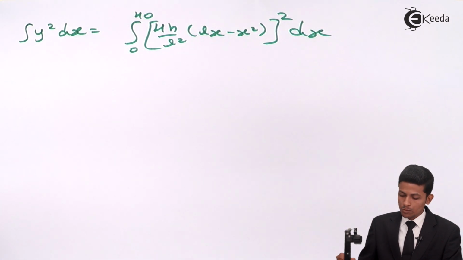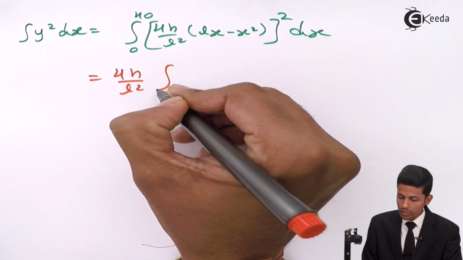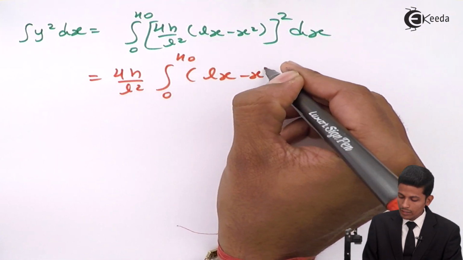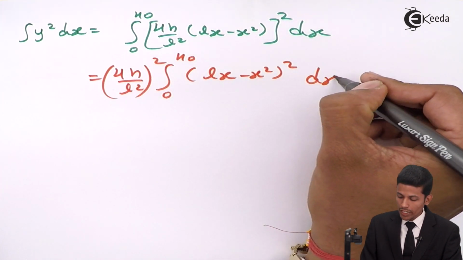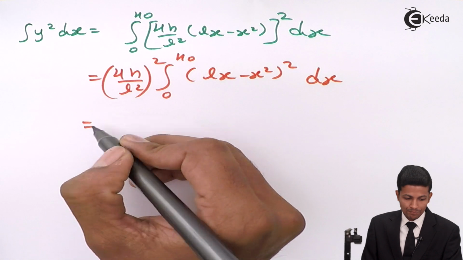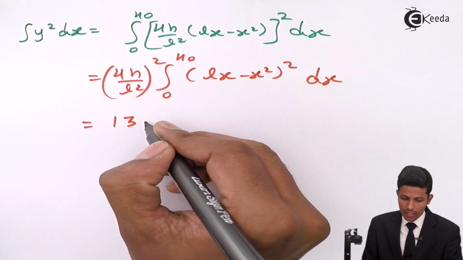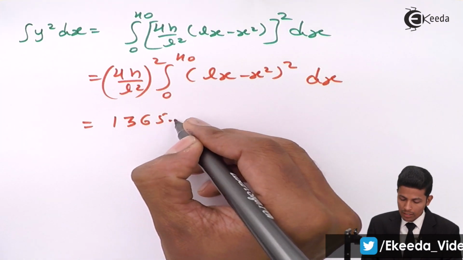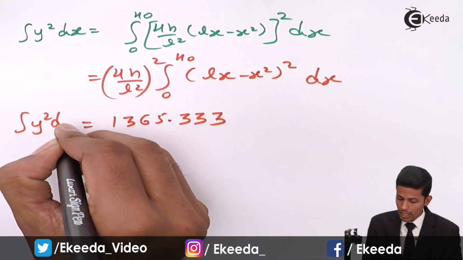Okay, now just put all the values. 4h/l² take outside, 0 to 40, (lx - x²) the whole square, into dx. Okay, so solve this, you get the value 1365.333. This is your integration of y² dx.